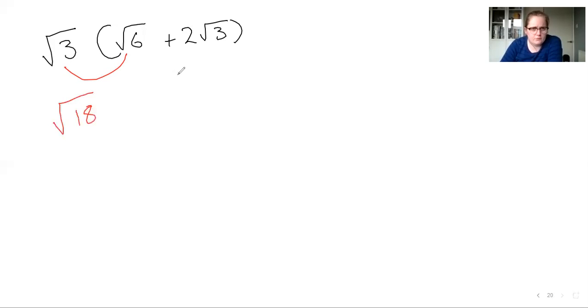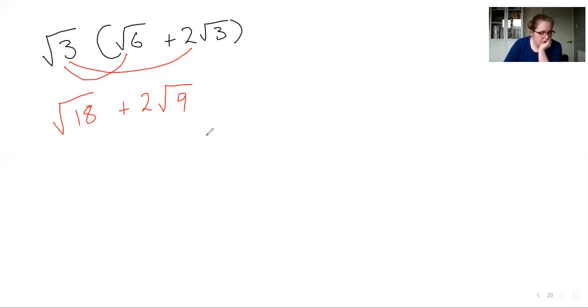And root 3 multiplied by plus 2 root 3, that's going to give us plus 2 root 9. Can we simplify these down? Yes. Let's have a look at this process then.